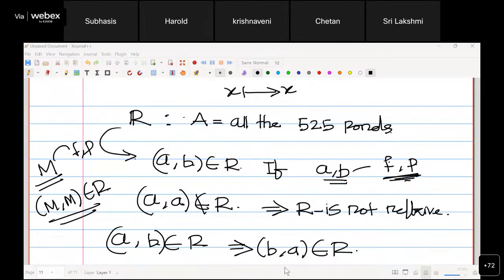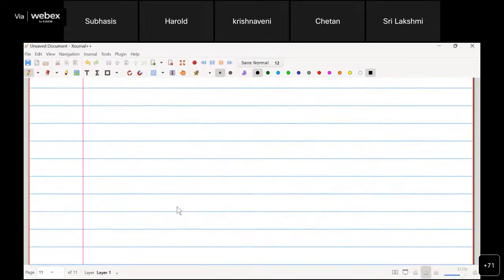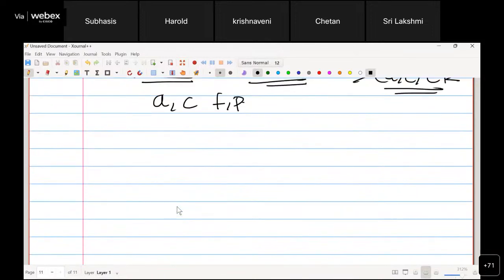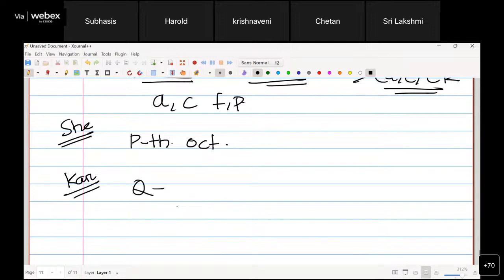Okay, so you have a lot of information. Seetal was born on the 5th of October, and Karthik was born on Q of November.